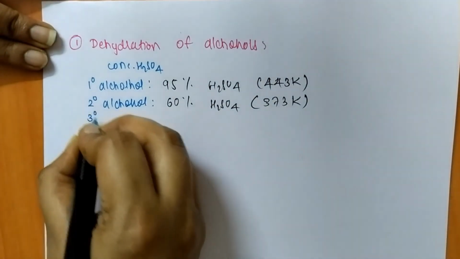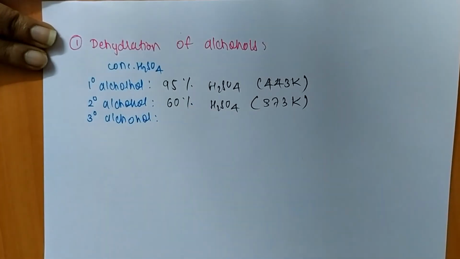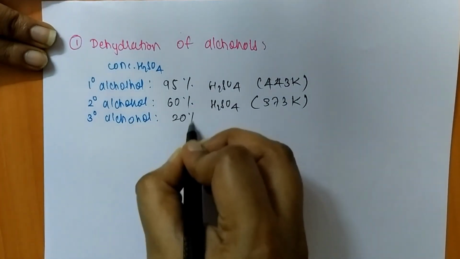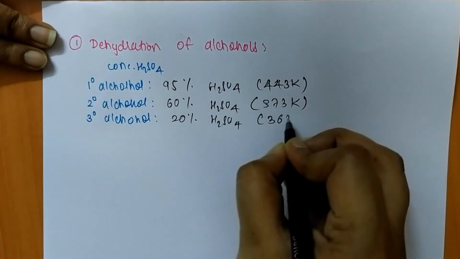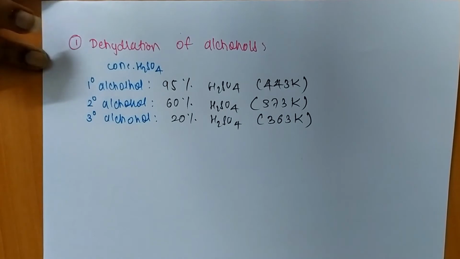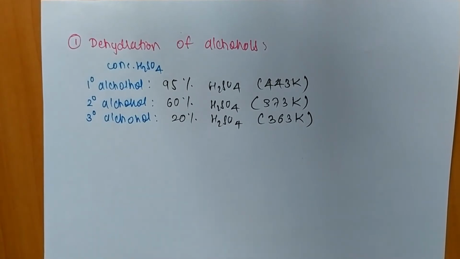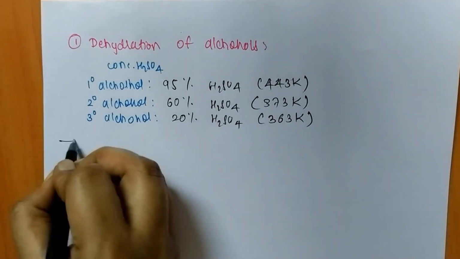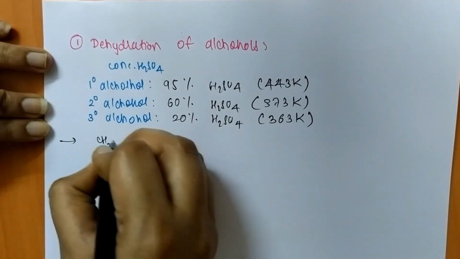But if we are using a tertiary alcohol, then 20% sulfuric acid at a temperature of 363 Kelvin should be used. Now how does the dehydration of alcohols happen? First let us consider a compound, that is butanol.